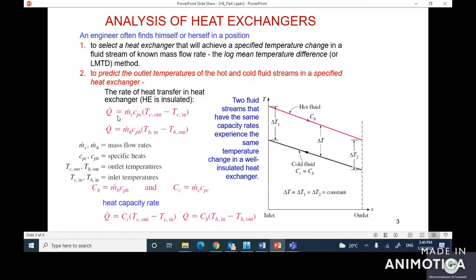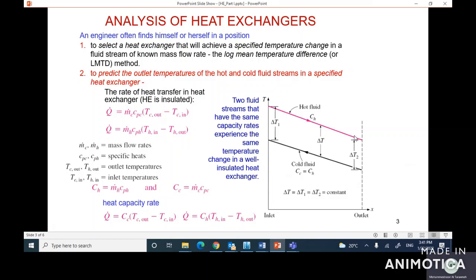The heat transferred to the cold fluid equals its mass flow rate times its heat capacity times the temperature difference, which is T out minus T in. The same thing goes for the hot one. The heat transferred from the hot fluid equals its mass flow rate times its heat capacity times the temperature difference.